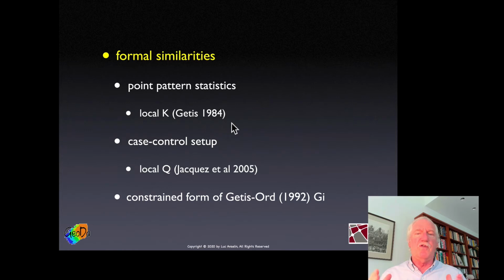So if you think of your spatial weights matrix as being a distance band matrix, then this local joint count statistic for any point, x_i is 1, counts the number of points, x_j is 1, in the distance band in the surrounding location. So formally, the idea is exactly the same.